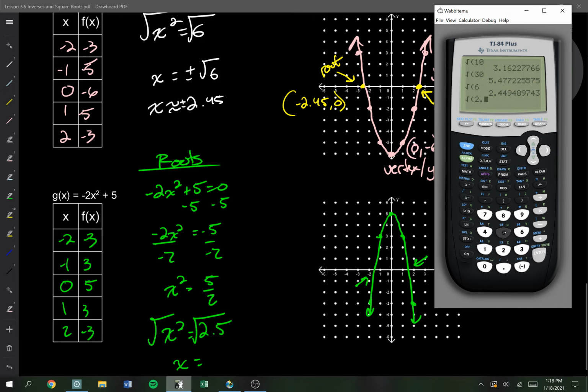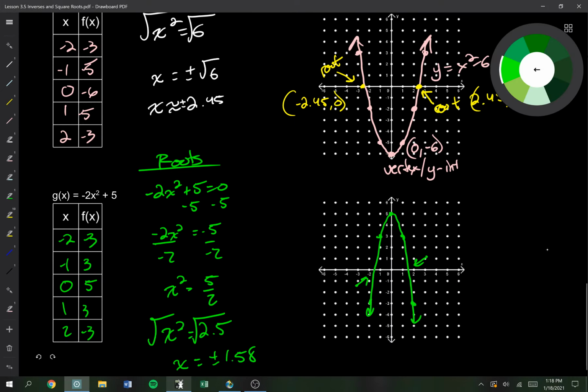Maybe 1.5-ish. Square root of 2.5 is 1.58. So one of my roots is at (1.58, 0). The other root is at (-1.58, 0). The vertex is (0, 5).